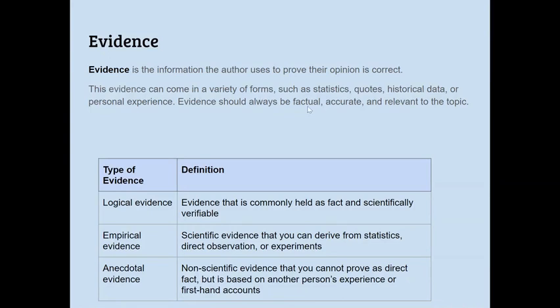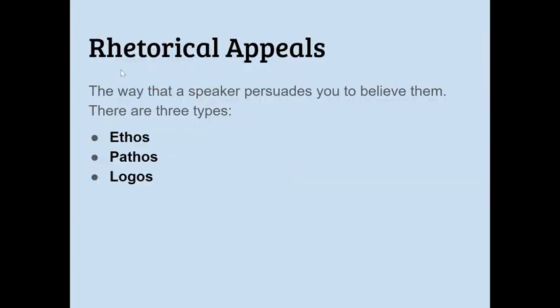Now, additionally, with evidence and a claim, different speakers and writers can actually persuade their readers or listeners by using what we call rhetorical appeals, these right here. These are the three main things that we're going to focus on.